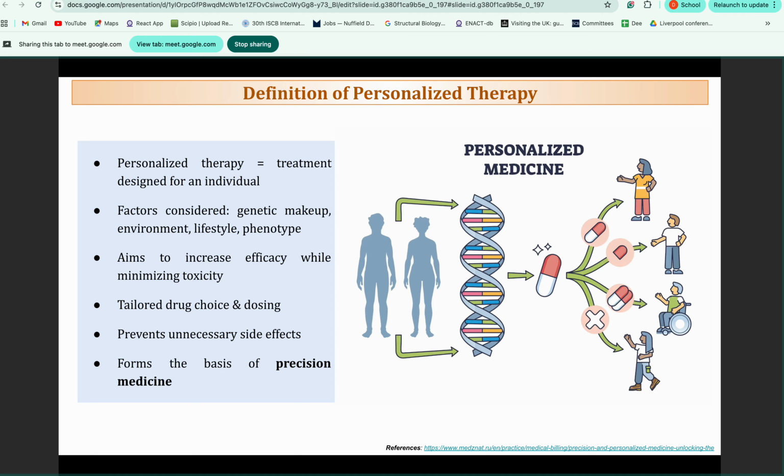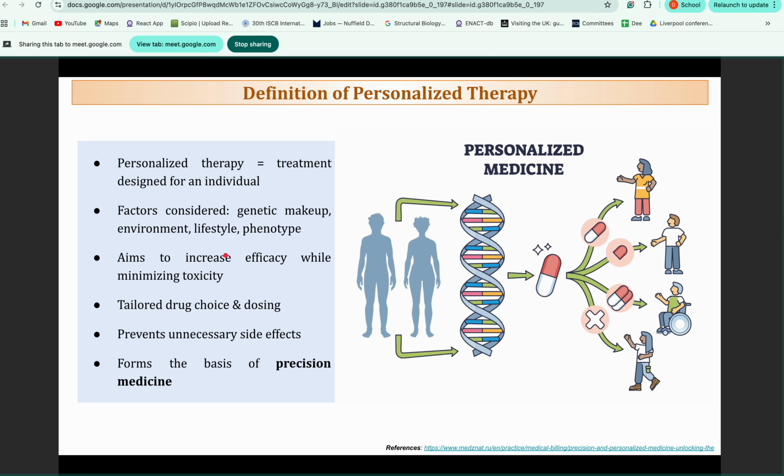All the enzymes and metabolic processes which are taking place also depend on the lifestyle: what kind of food you take, where you live, what your day to day schedule is. Everything will determine how the drug will act on that particular person. Then comes phenotype, which are the visible traits that you can see. These are also important factors which must be considered before designing personalized medicine.